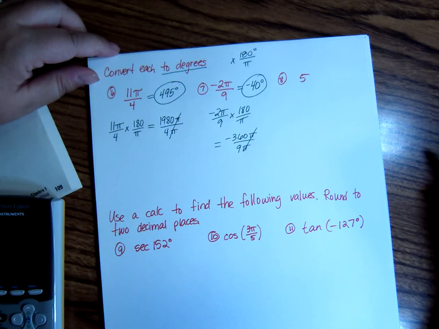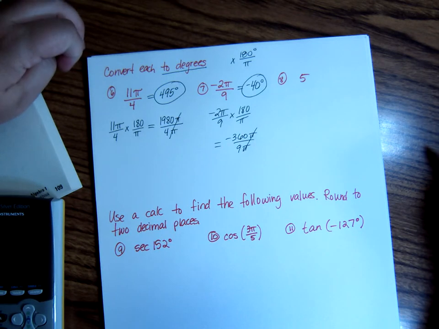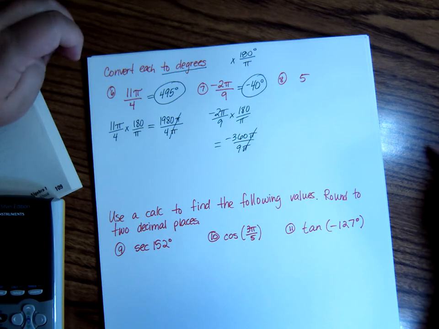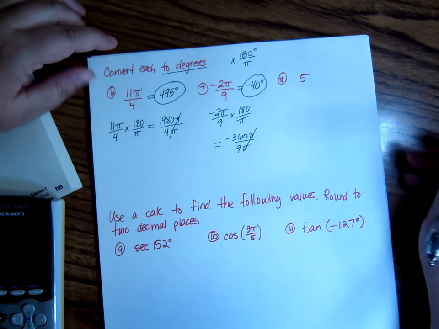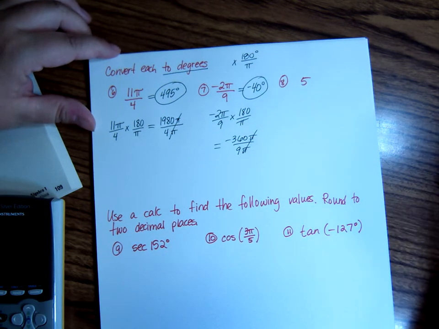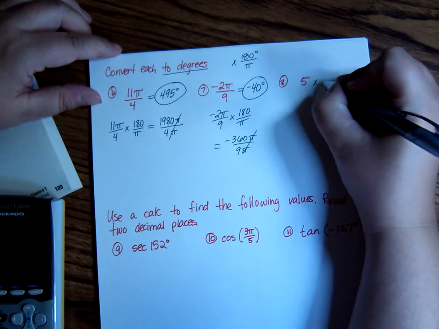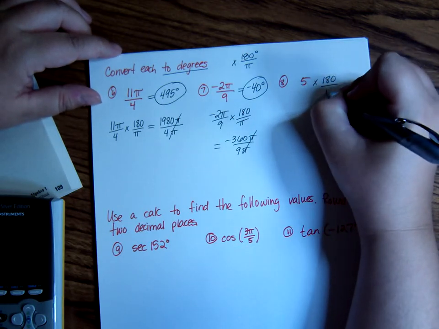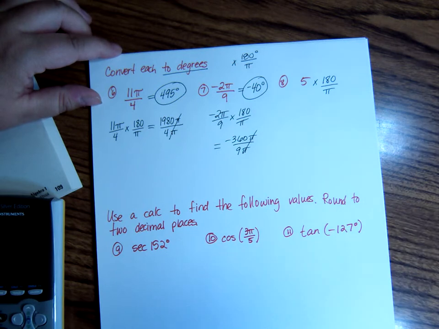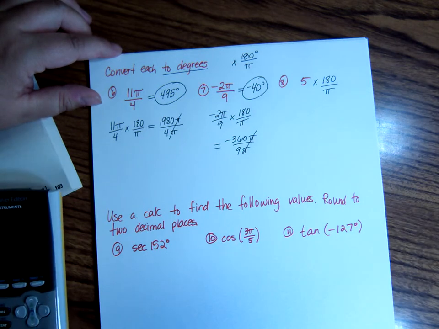Okay, this one does not have a pi in it, so the pi's aren't going to cancel out. But what it is, it's like a decimal version of radians. So what you're going to do is change the final answer to a decimal. So we've got times 180 over pi. So I've got 5 times 180 on top.